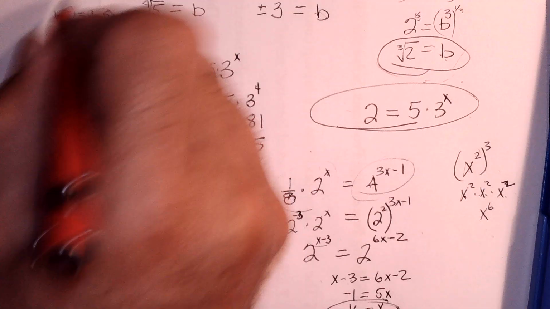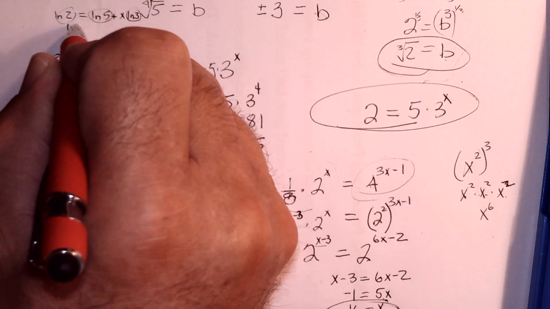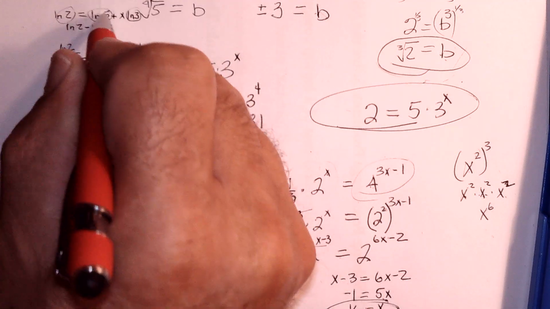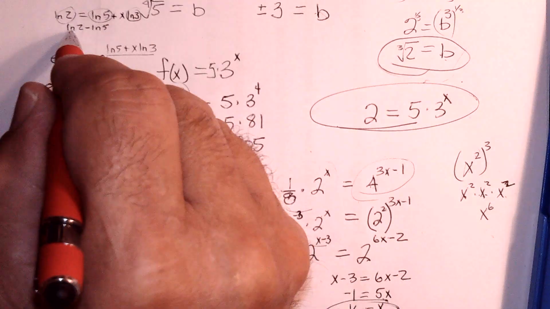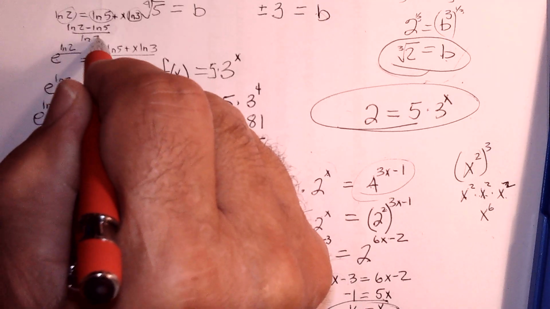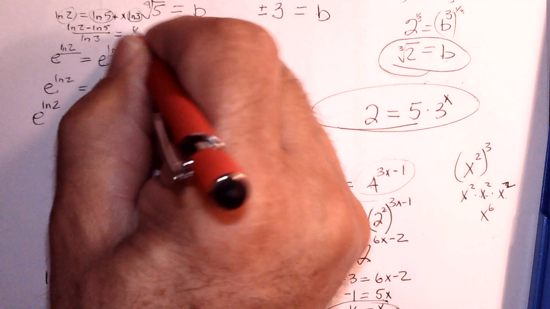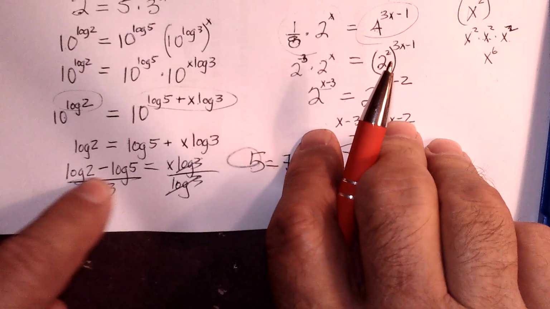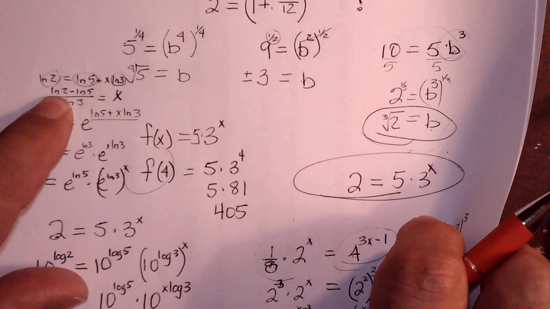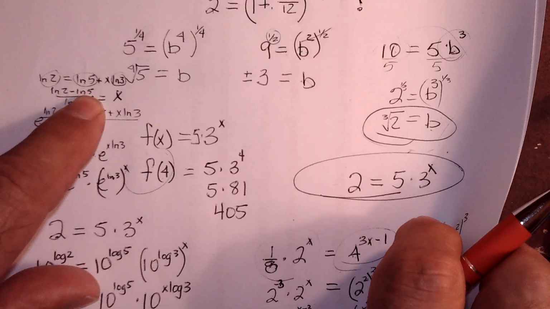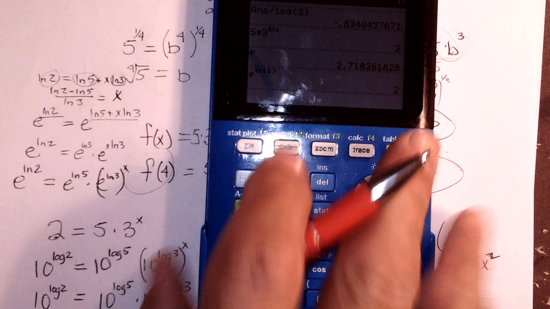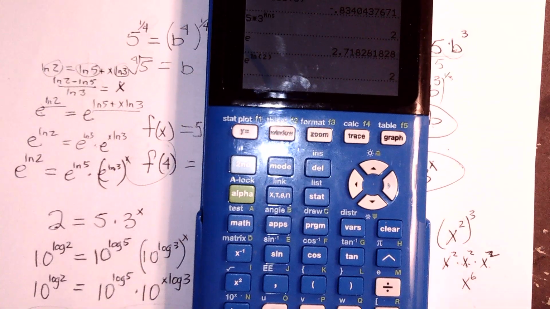So it'd be ln 2 minus ln 5, taking ln 5 from both sides, moving that over, then dividing by ln 3, and that will be x. Down here we did log 2 minus log 5 over log 3. Here we're doing natural log 2 minus natural log 5 over natural log 3 to get x. And that comes out to be exactly the same answer.